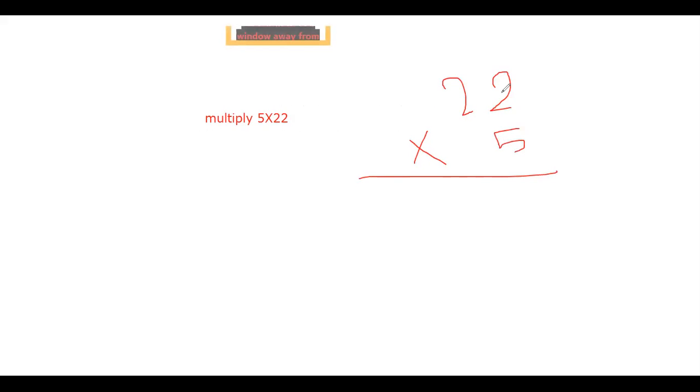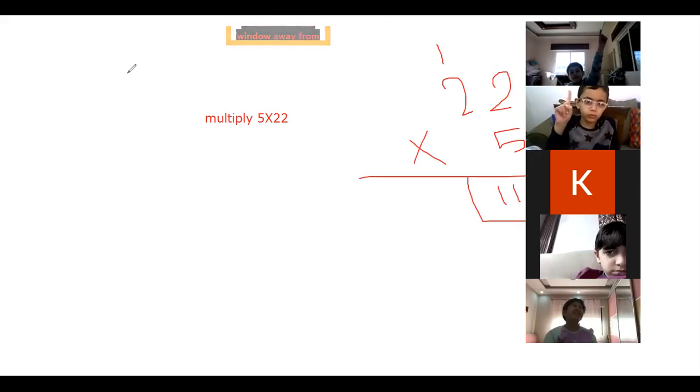Now 2 times 5 equals 10. So this is the 0 and this is the 1. 5 times 2 equals 10, plus 1 is 11. So 110 is the answer, and that's it. Okay? Okay. Thank you.